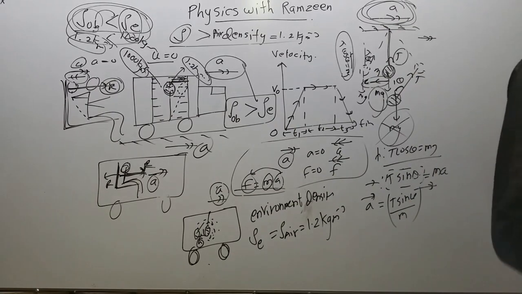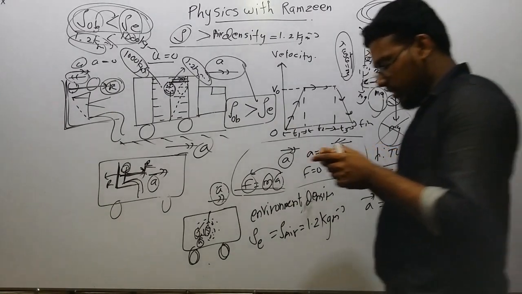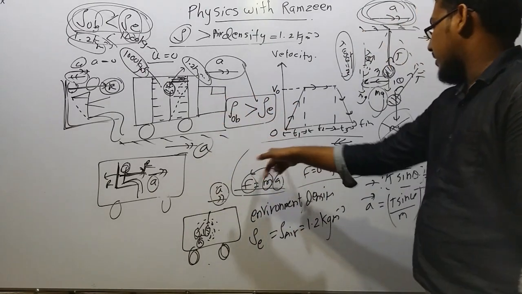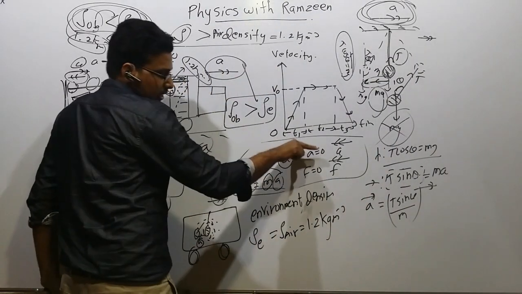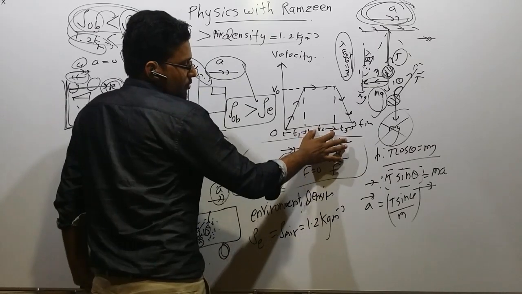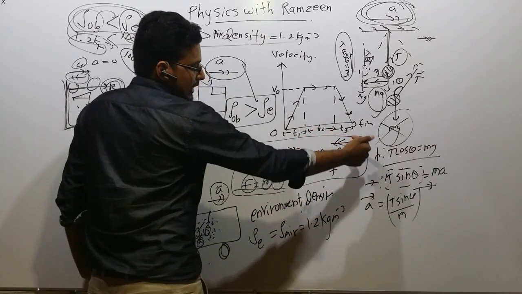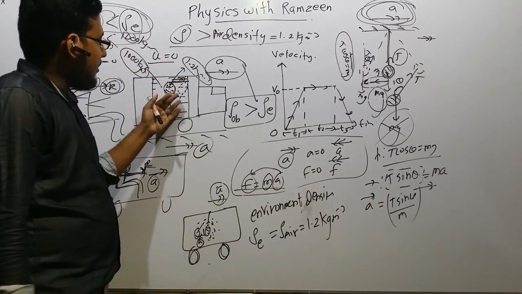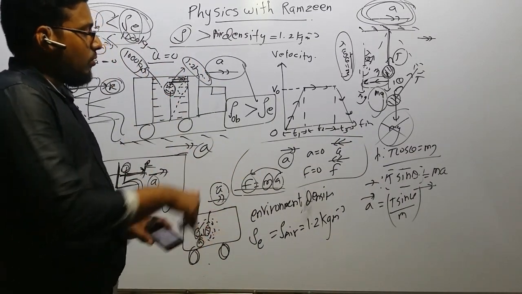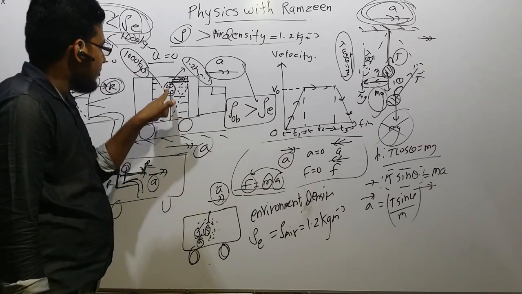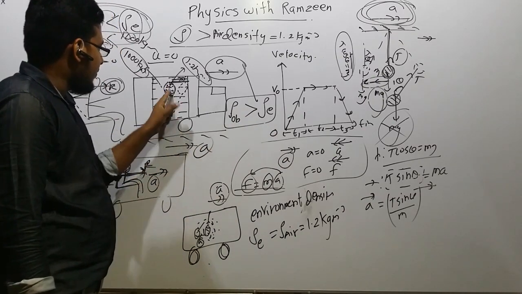So we have to check the question. First of all, we have already determined the track is moving in this direction, and within the time duration t2 there is no acceleration, and at t3 there is an acceleration opposite to the way the track moves, right? So I can already find out that here water is the environment and air is the particle.